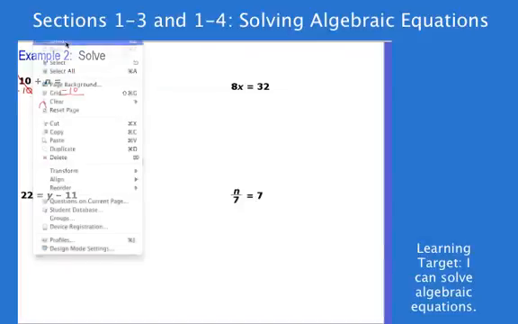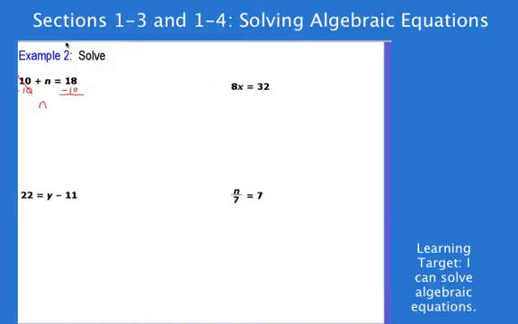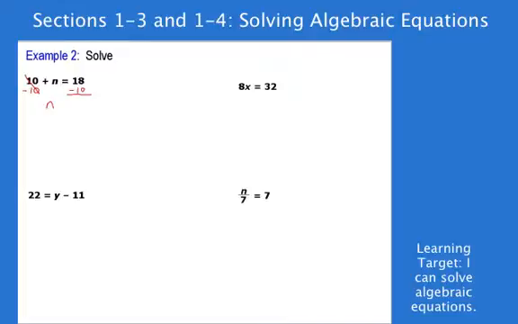If I covered that up, all I would have on the left side here would be n. On the right side, I have whatever 18 minus 10 is. It's 8. So notice what I've done here. By taking away the 10, I've isolated this variable. I've gotten it by itself to show that it's actually 8.